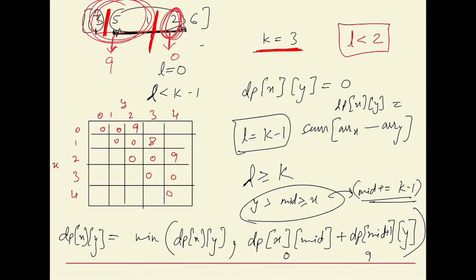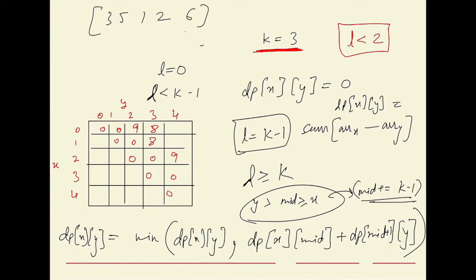And if we break at the other possibility, that is if we break at 3 and 5 1 2, then this would give us 0 and this would give us 8. So in one case we are getting 9 and in one case we are getting 8, and we'll take the minimum of that, so this would be 8.